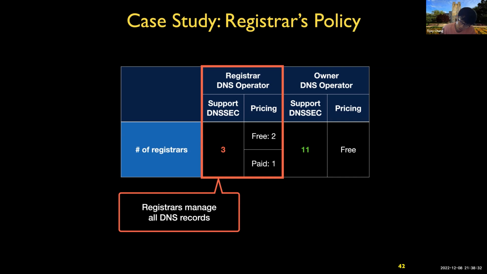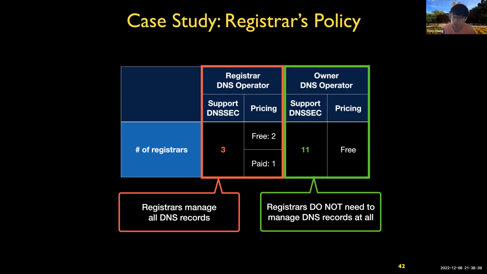And the operational cost is much higher than just simply managing plain DNS records. But in this case, you manage all DNSSEC records by yourself. What registrars need to do is just accept the DS record and pass it to the registry. That's it, right? So the operational cost from the registrar's perspective is far less than managing name servers by themselves.